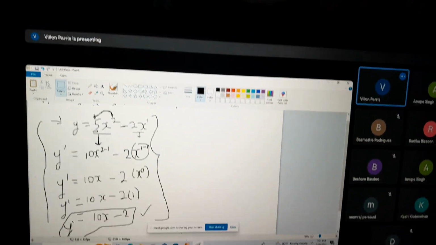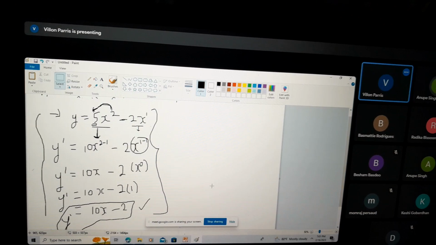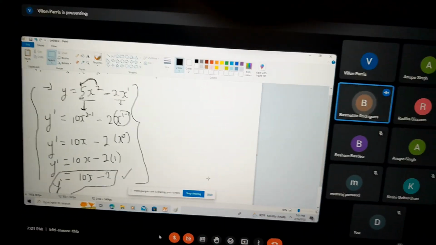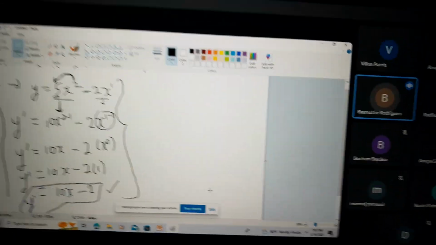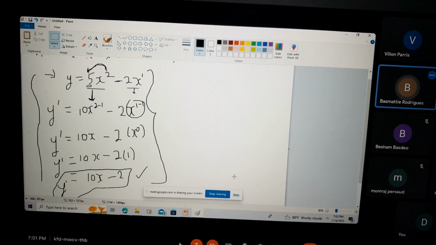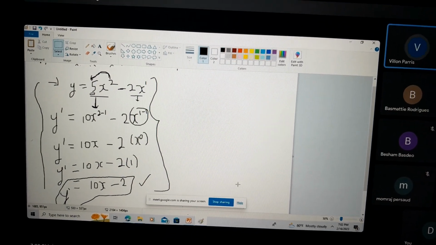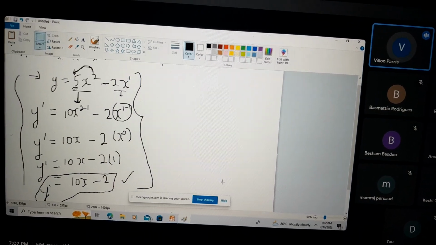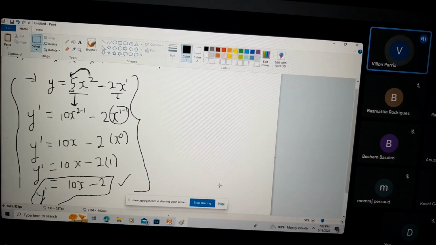Okay? Sir, just another question. Yeah, go ahead. Like how we have both questions that we were able to use the first principle and the power rule. In exam, if we use either one, that's cool. Definitely. But again, we usually don't use first principle unless they ask us.